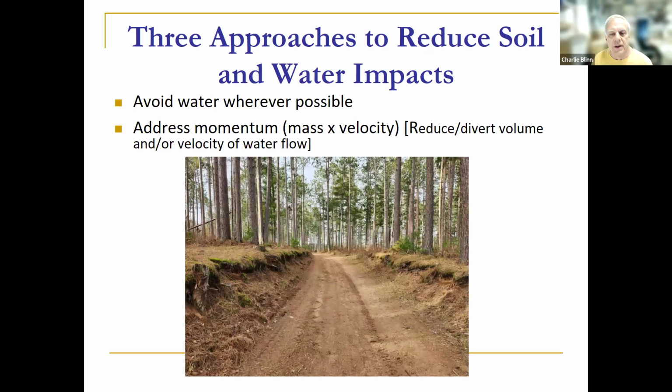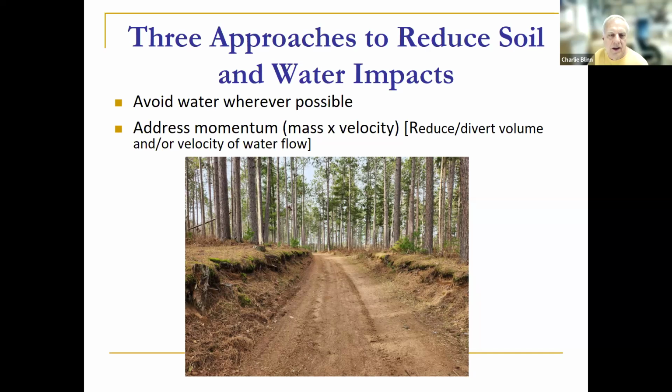A second thought really takes me back to physics from a few years ago. And the thought there is that momentum is measured as a product of mass and velocity. So the amount of sediment that will be moved is a product of the amount of flowing water and the speed at which that water is traveling.